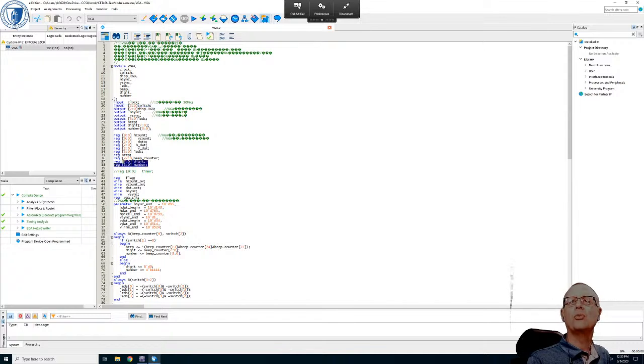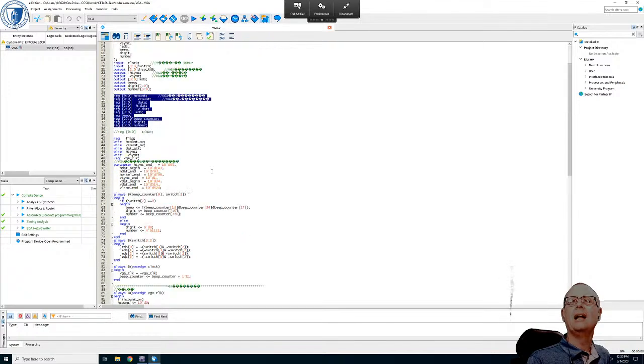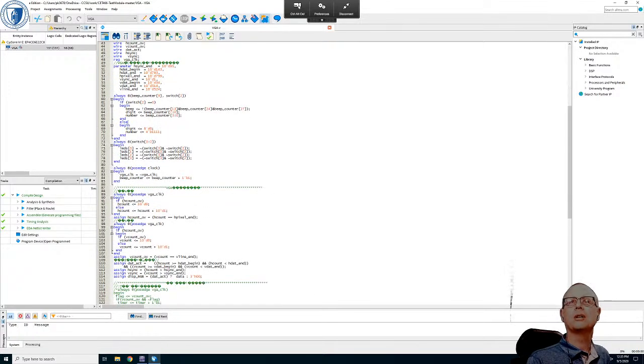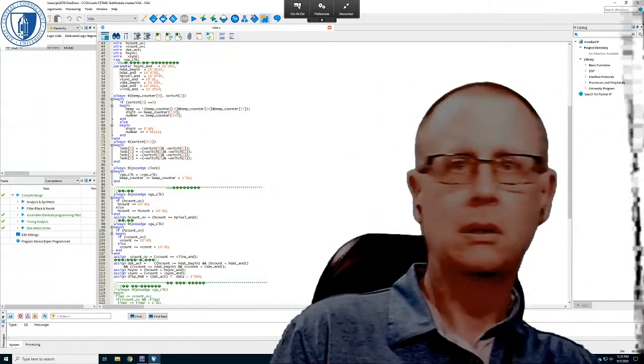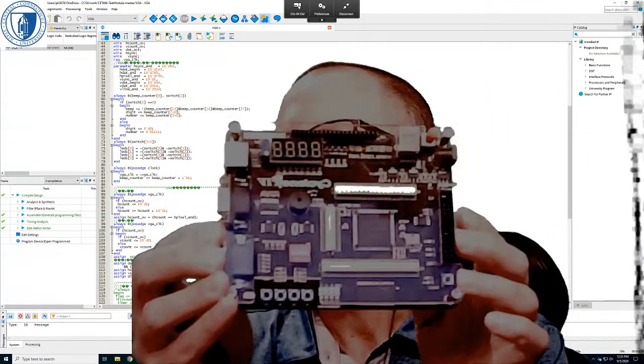And then we've got some registers or variables if you like. And then we've got some logic that connects everything up. And what Quartus lets us do is compile this down into something that will run on this board.